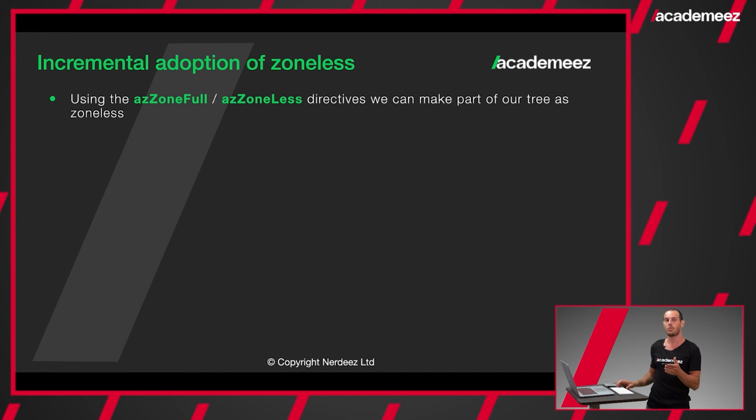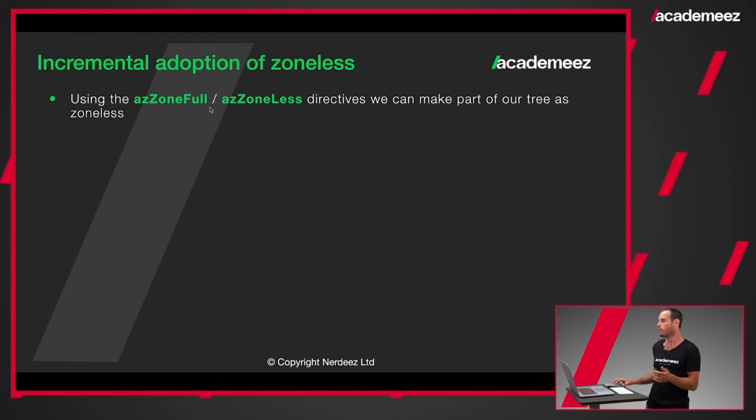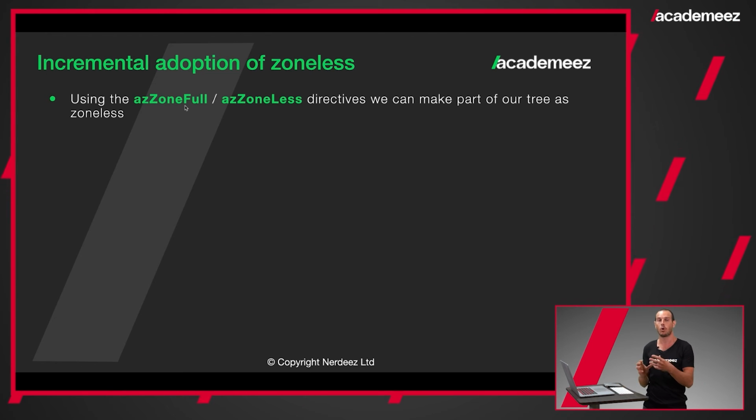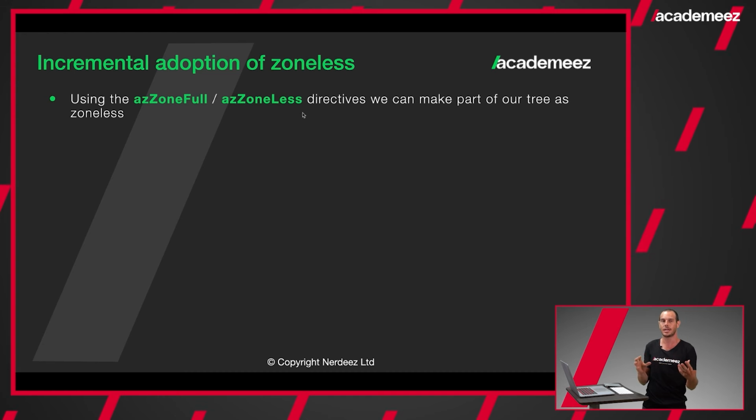So you have a set of directives in the Academeez Zoneless library: AZ zone full and AZ zone less. Let's start with AZ zone less. AZ zone less is a directive that wraps part of your tree, and that part of the tree will work outside of Angular zone. And AZ zone full will restore it: if you're outside Angular zone, it will take a part of your component tree and restore that part back to the Angular zone.